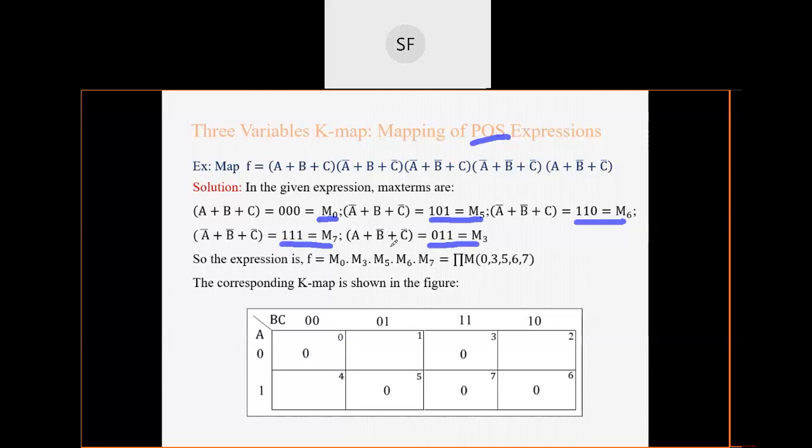So we have found out that a total of 5 max terms are given, and this can be represented like this, that is pi. What is pi? Pi is nothing but the product of max terms, because it is product of sum. So these are the sum terms and their product is nothing but the function. So how many max terms are present? Total 5: 0, 3, 5, 6, 7.